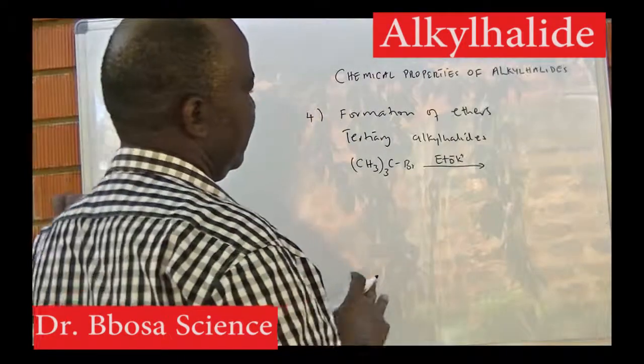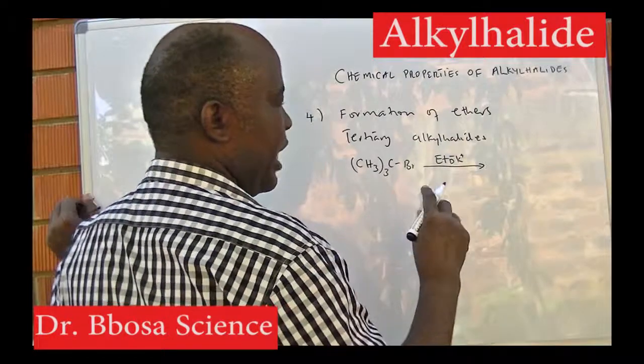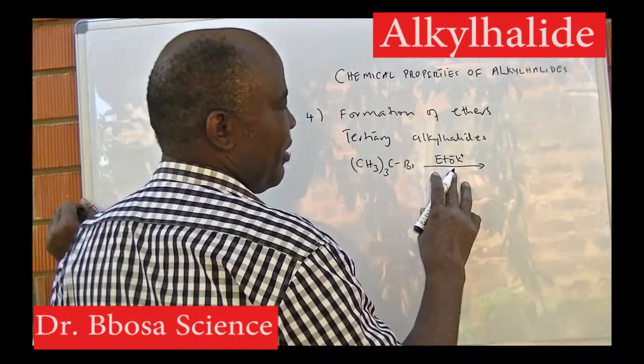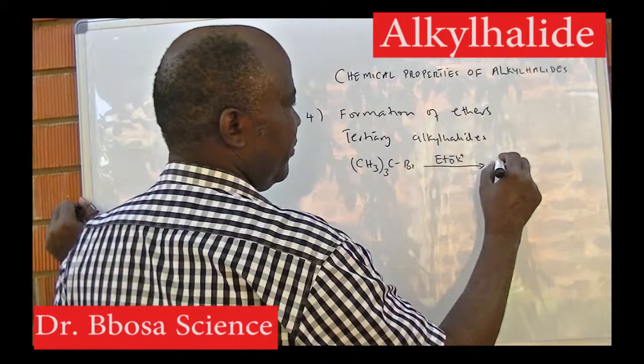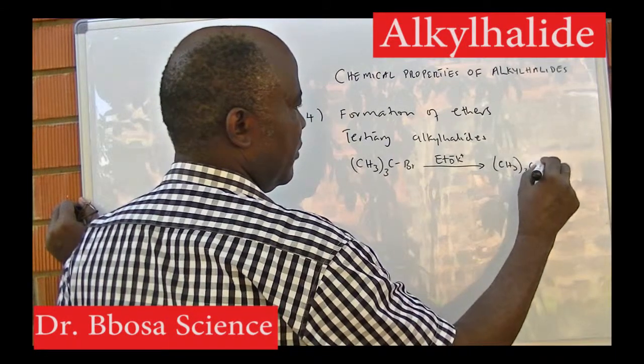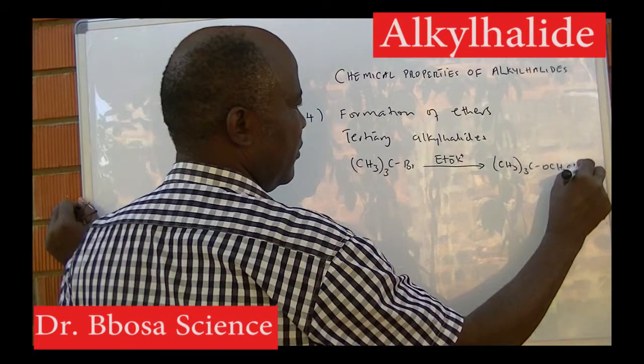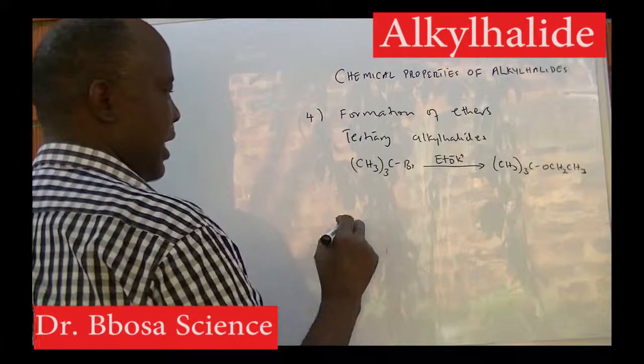Alkyl halide. Example, 2-bromo-2-methylpropane will react with potassium ethoxide to form the product, then the mechanism.